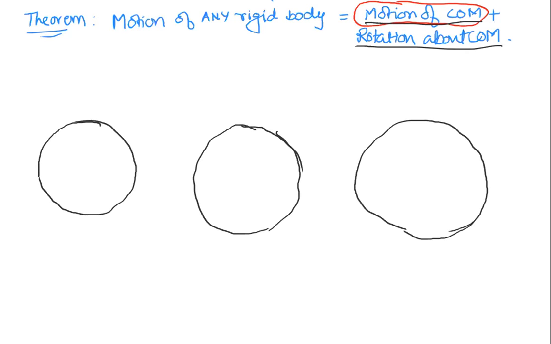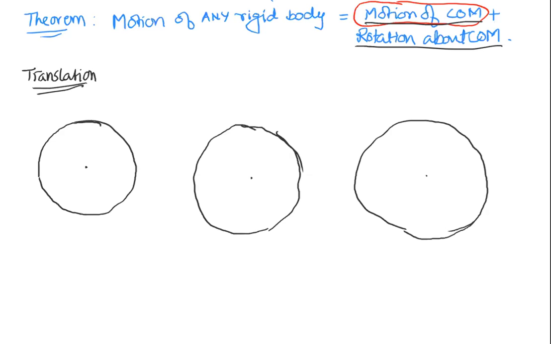Okay, so these are the same three objects, and this is the center of mass of the object. So we are going to talk first about translation of the object. Okay, so what do we mean by translation of a rigid body?